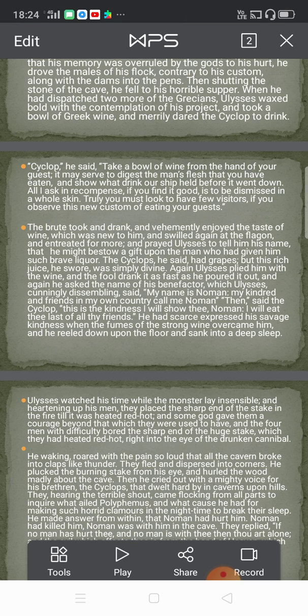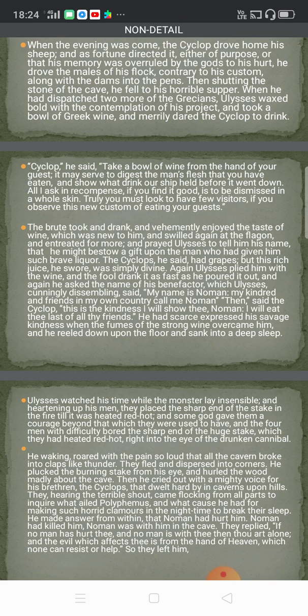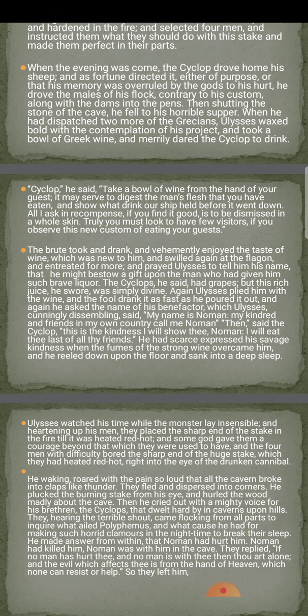Then he cried out with a mighty voice for his brethren, the Cyclops that dwelt hard by in caverns upon hills. They, hearing the terrible shout, came flocking from all parts to inquire what ailed Polyphemus and what cause he had for making such horrid clamors in the night.